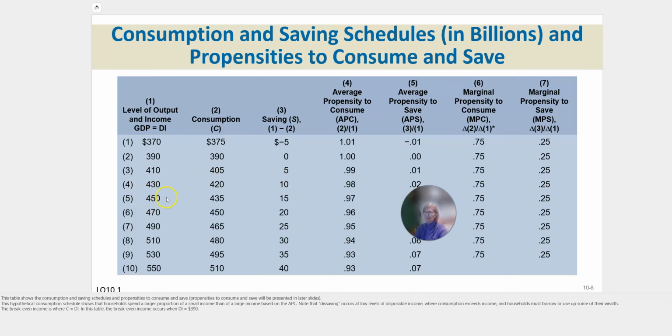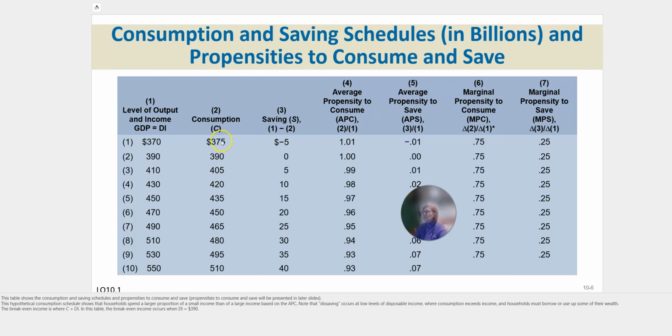Again, we get 20 billion again here. Our spending goes from 420 to 435, spending 15 of the 20. Our saving goes from 10 to 15, saving 5 of it. Or if you look over here, this is the formula for the marginal propensity to consume: for every extra dollar I get in income, you take the change in consumption divided by the change in income.